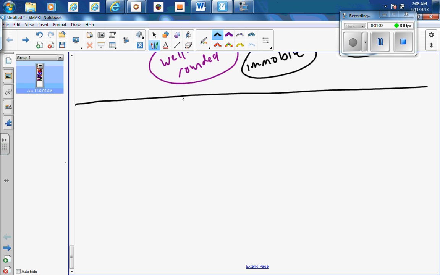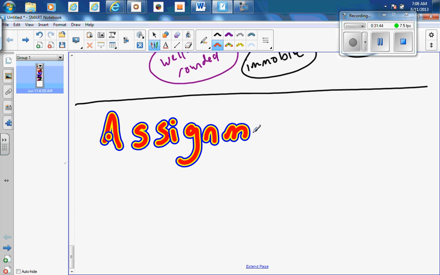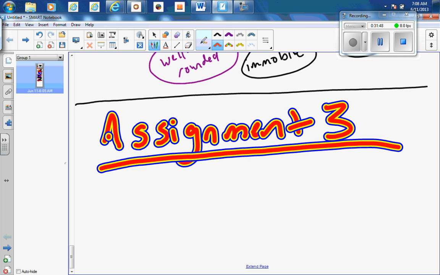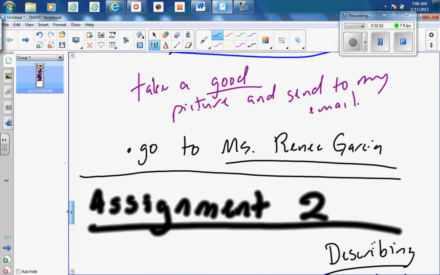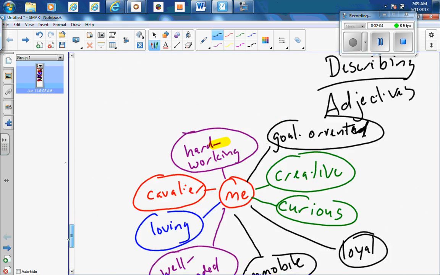You have to do the following. You've already completed your circle map. You've created your bubble map. More importantly, you see my bubble and my circle map.